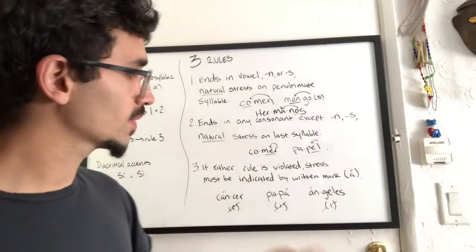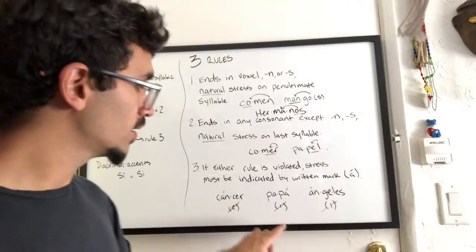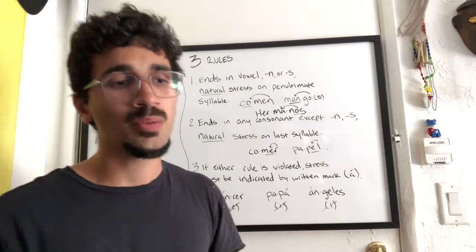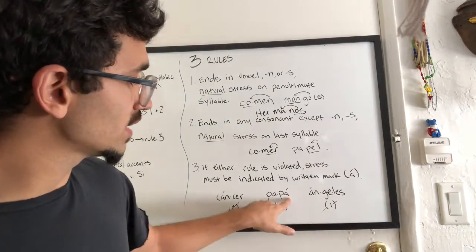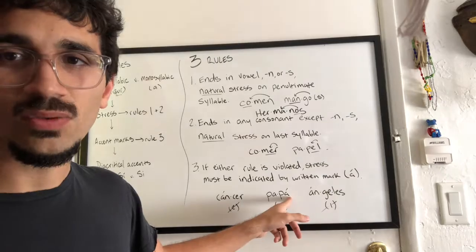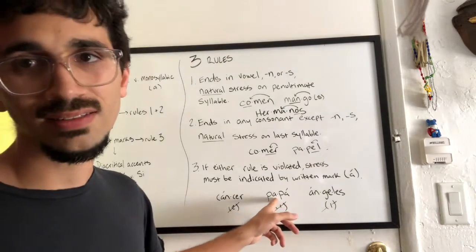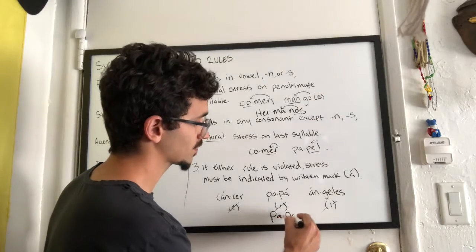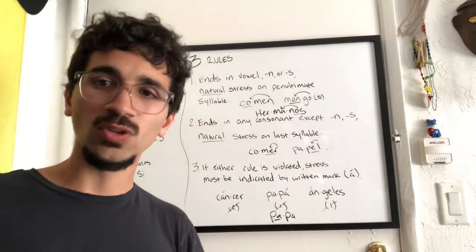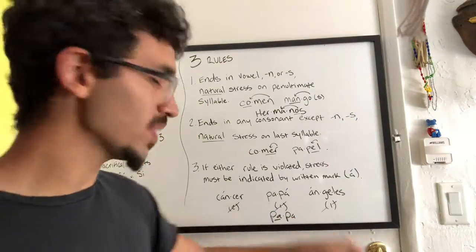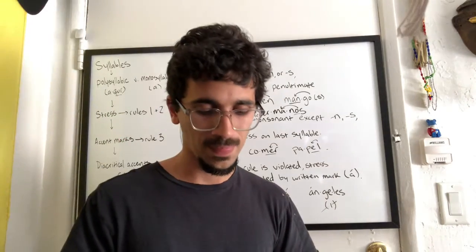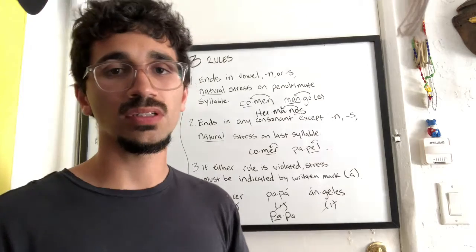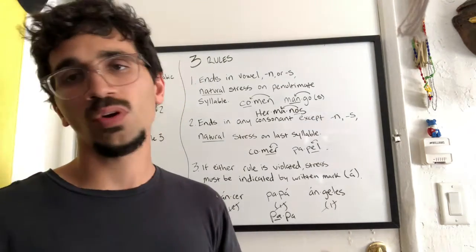Papá, which means dad. Should be rule 1 because it ends with a vowel. But the pronunciation is on the last, where it should be on the second to last. And there's a good reason for this, simply because it's two different words. If I write P-A-P-A and I don't write an accent mark, I've just written the word papa, which is a potato, or the Pope.